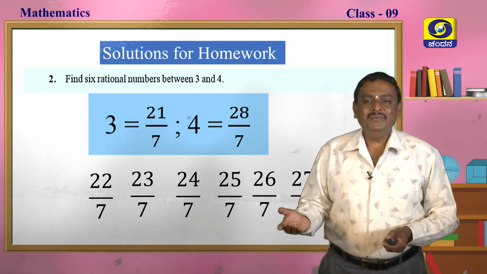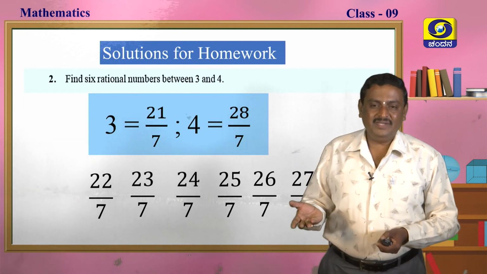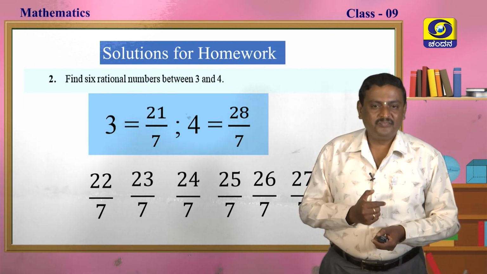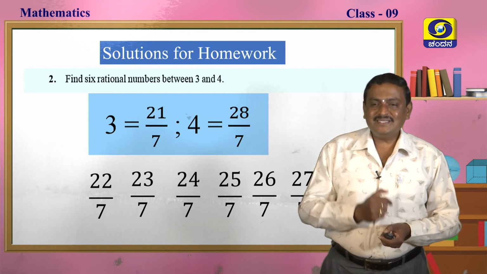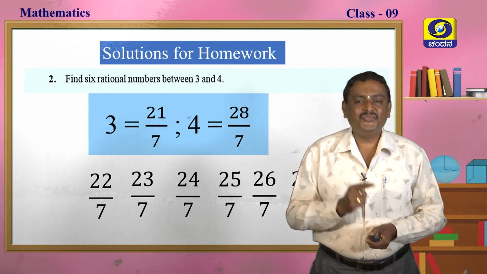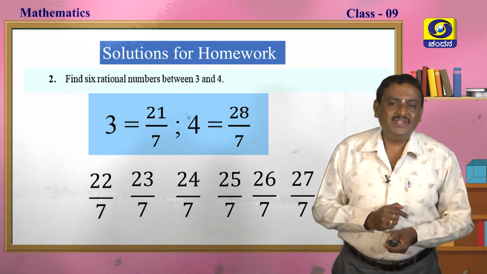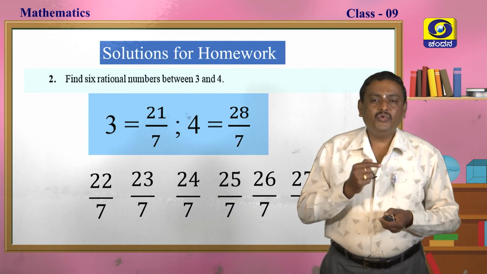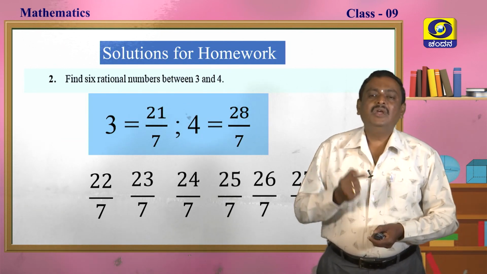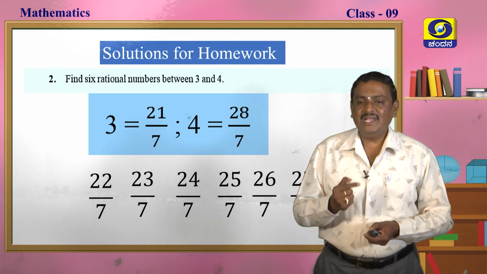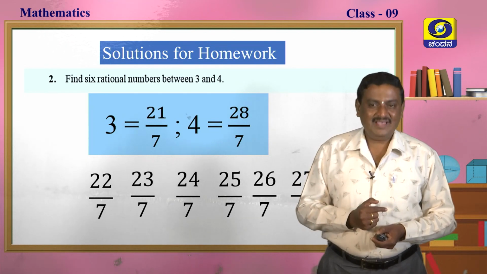If you continue, we will get 28 by 7. If we simplify, we will get 4. So, the 6 rational numbers between 3 and 4 are 22 by 7, 23 by 7, 24 by 7, 25 by 7, 26 by 7 and finally 27 by 7.